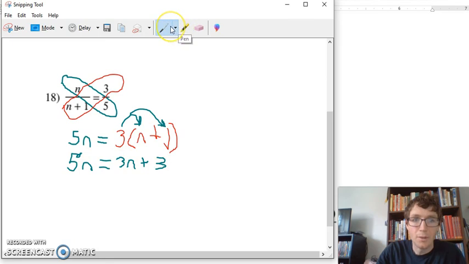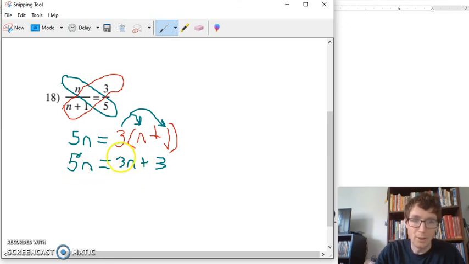So next step, we have 5n over here, we have 3n plus 3 over here. If you have a variable on both sides of the equation, you want to bring it over to one side because that's a simplified version. So it'll be simpler if we have an n only on one side of the equation. So I'm going to move this 3n over here.